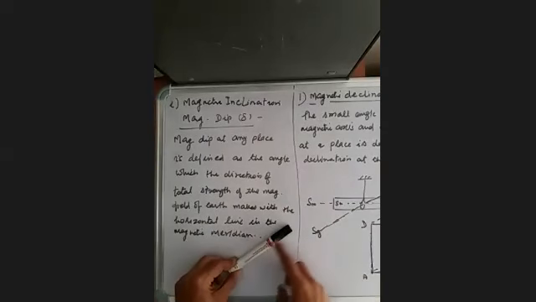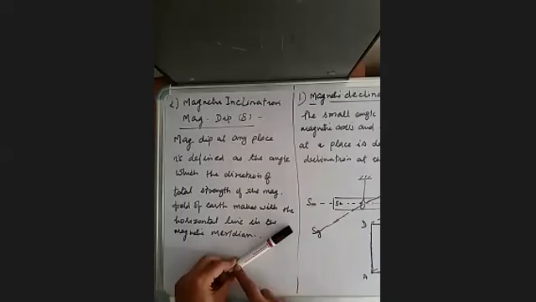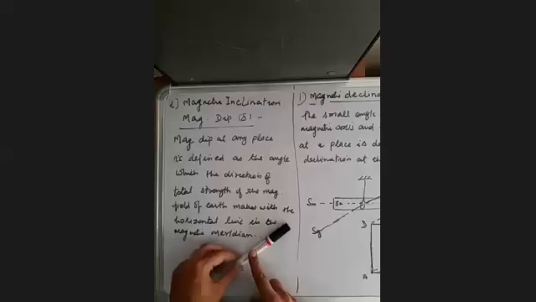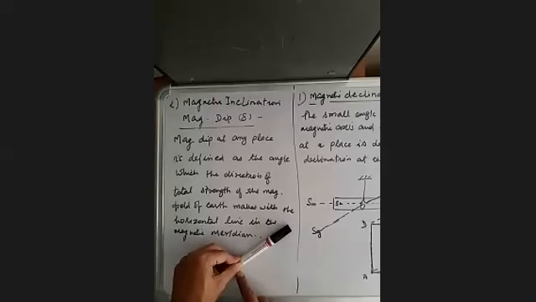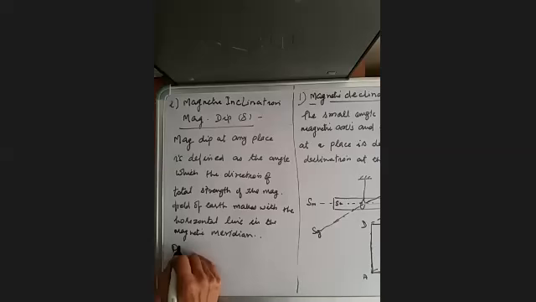So the angle which the direction of the magnetic field of Earth at any place makes with the horizontal direction is called the magnetic dip or magnetic inclination. This we can measure with the help of an instrument called the dip circle. Okay. Before we do that, let us understand what it actually is.